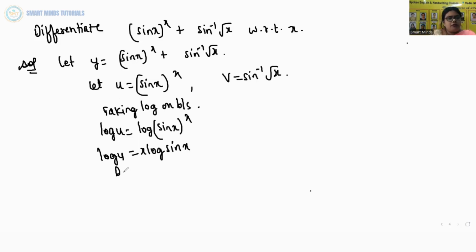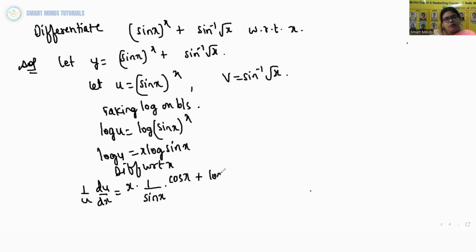Now differentiating with respect to x, you get 1 by u du by dx. Now again we can apply the UV rule. x is one function, log sin x is another function. So x I write as it is, differentiating log sin x, that is 1 by sin x, then the sin x derivative is cos x.